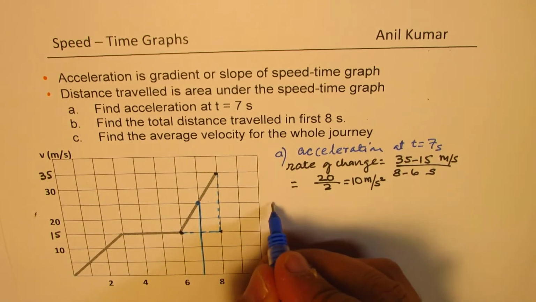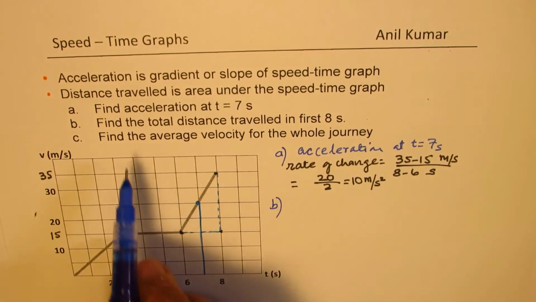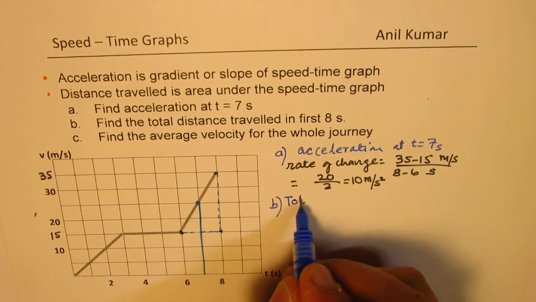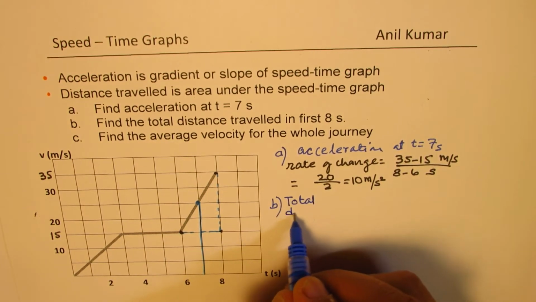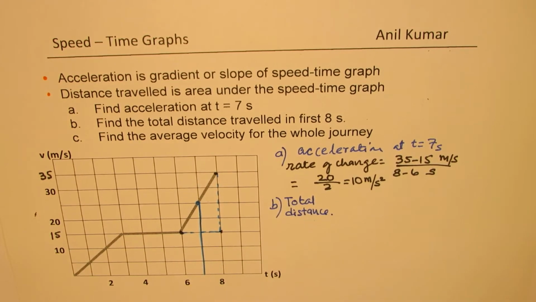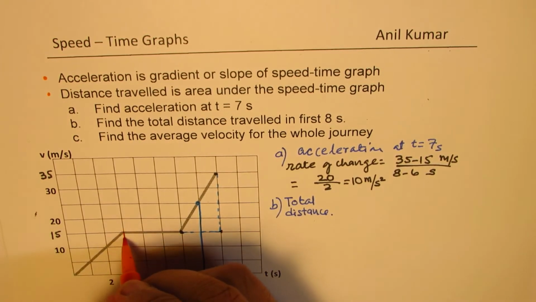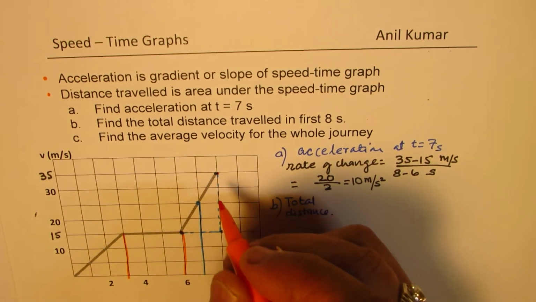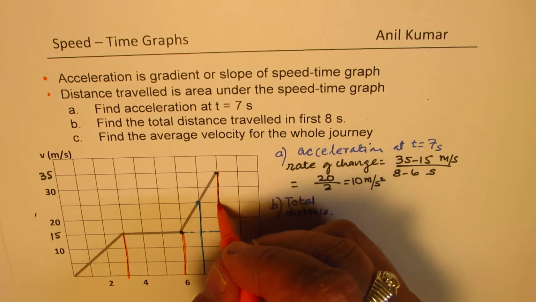Clear? B. We need to find total distance. Now total distance is area. To find area, we could divide this into 3 portions, or rather you could do 3 or 4.